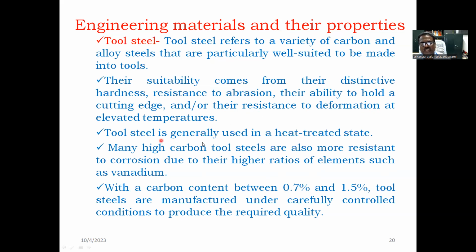Tool steel is generally used in a heat-treated state. Many high-carbon tool steels are also more resistant to corrosion due to their higher ratios of elements such as vanadium. With a carbon content between 0.7% and 1.5%, tool steels are manufactured under carefully controlled conditions to produce the required quality.